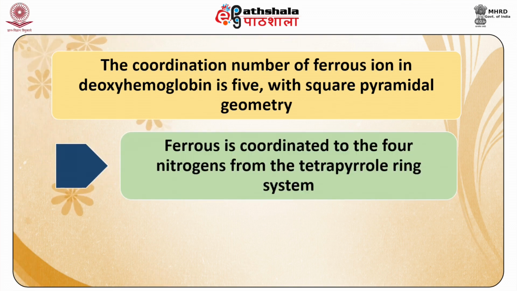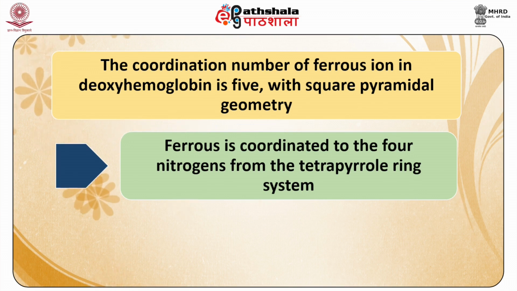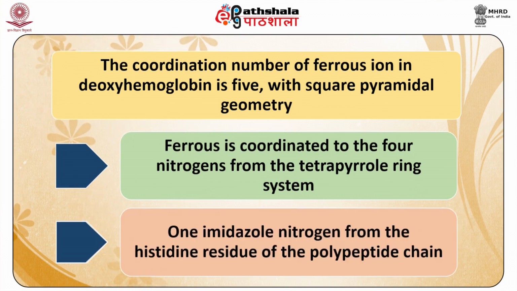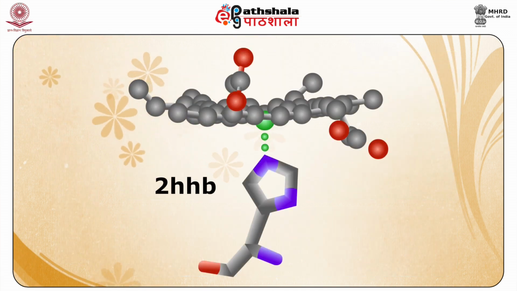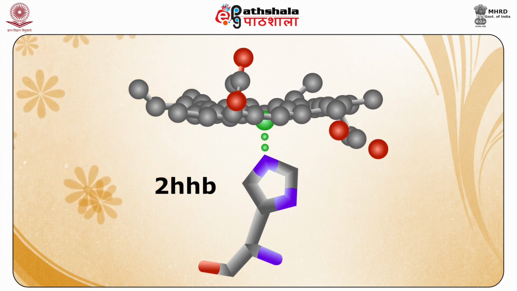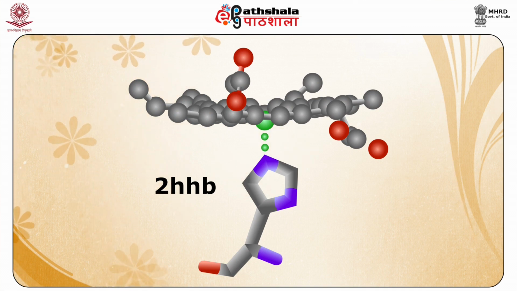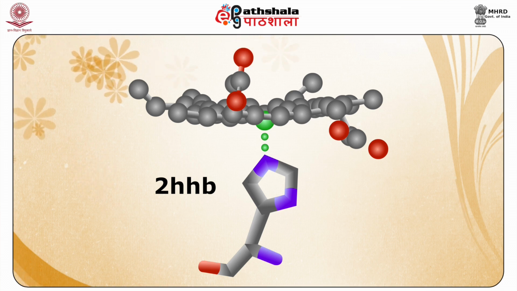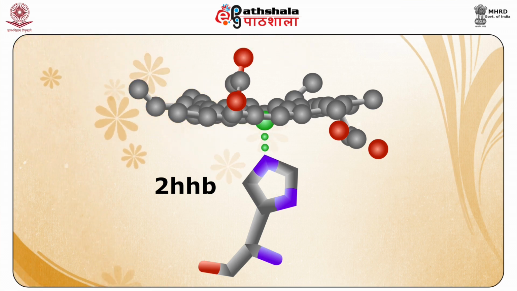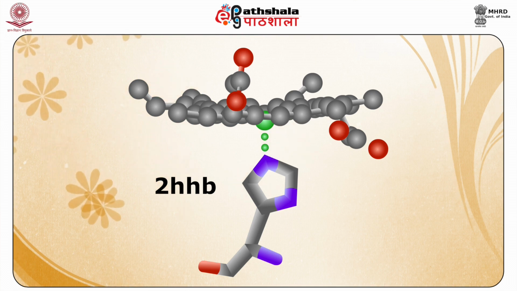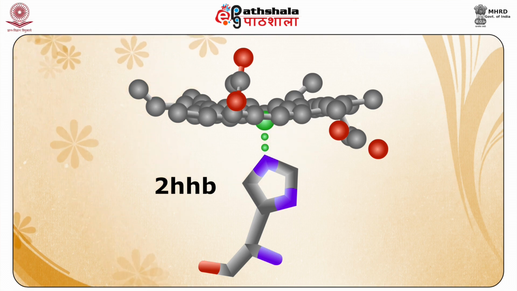Ferrous is coordinated to the 4 nitrogens from the tetrapyrrole ring system and 1 imidazole nitrogen from the histidine residue of the polypeptide chain, as shown in the figure. The histidine is called the proximal histidine and is residue 92 of the beta polypeptide chain and residue 87 of the alpha polypeptide chain of hemoglobin.